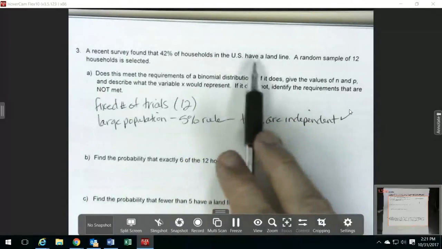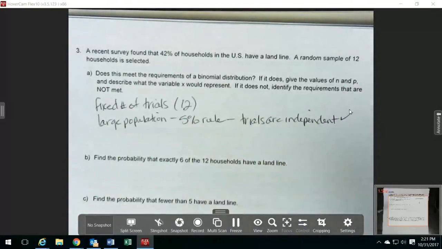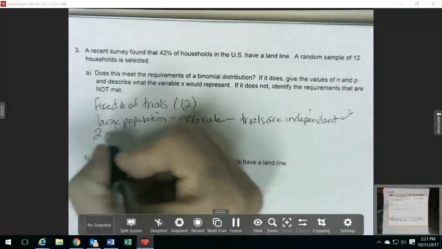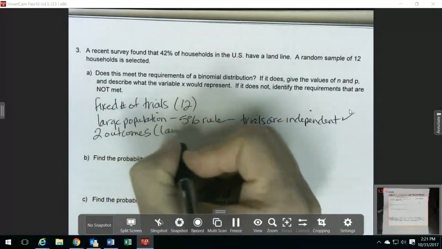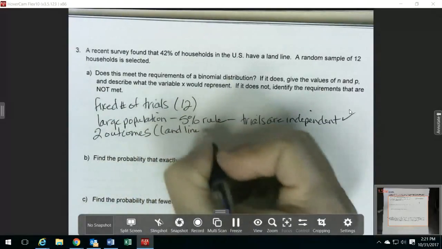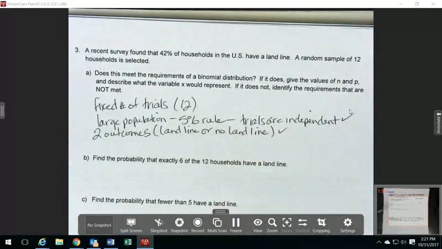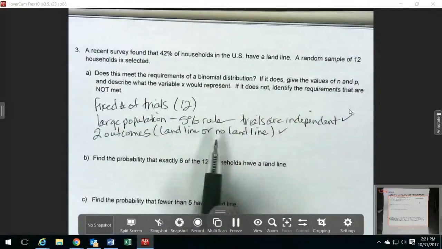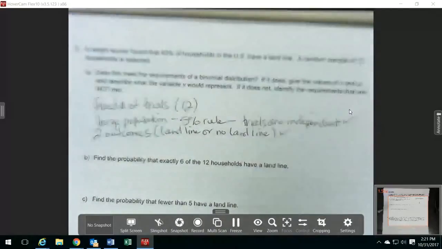And then we want to look at our outcomes. What they're asking about is whether the household has a landline or not. So that makes our 2 possible outcomes. So that requirement is met. And then the other one is that the probability of success is the same for each trial.